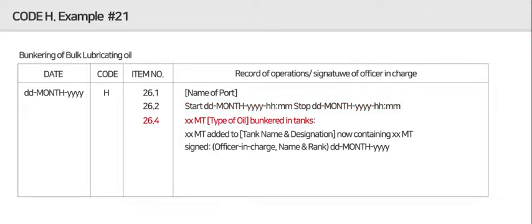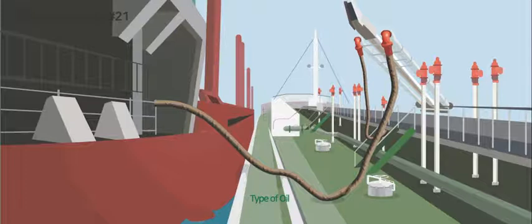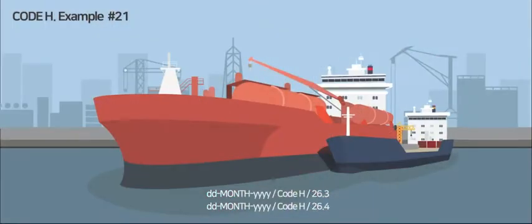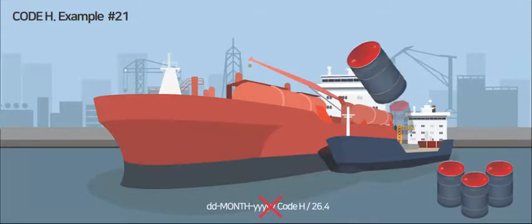Item 26.4, type and quantity of lubricating oils, and identity of tanks, and state quantity added in tons and total content of tanks, are recorded using code H. Note: separate entries are required for each grade of fuel oils and lubricating oils, respectively, to ensure transparency. This entry is not required if lubricating oils are delivered on board in package form.